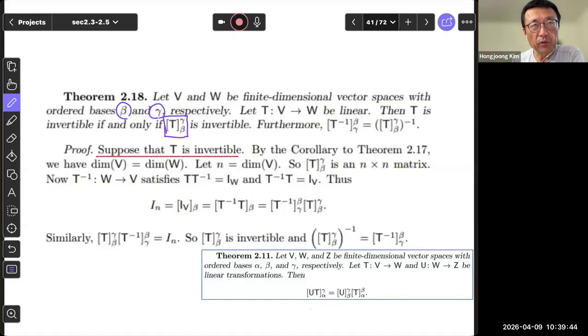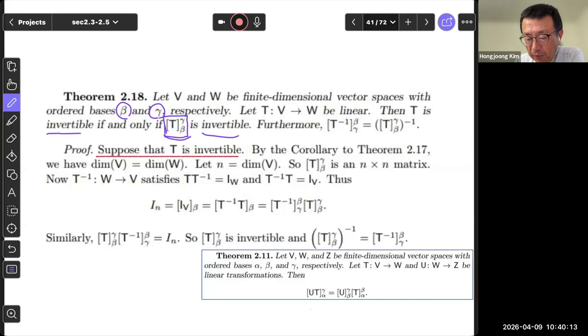Now theorem 2.18 says, if your T is invertible as a linear transformation, then its matrix representation must be invertible as well. And if this matrix is invertible, then your T is invertible.